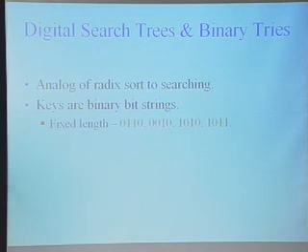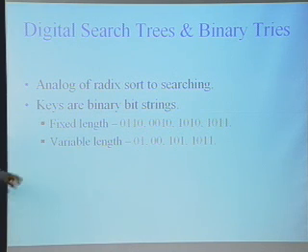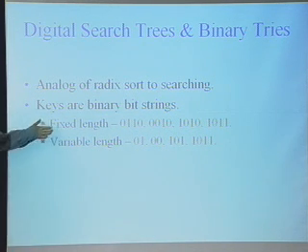And we may be dealing either with fixed length keys. So for example, here, all of the keys are 4 bits long. Or you may be dealing with a situation where the keys are of variable length. So some keys may be short and some may be long. Most of our discussion will be centered, at least today, around fixed length keys. And part of it will make some reference to variable length keys as well.